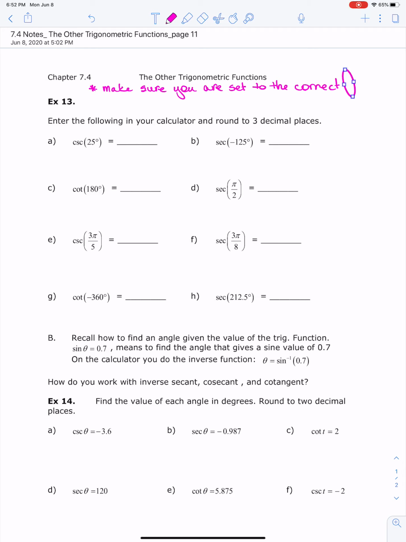Oh, that's interesting. Okay, so we are going to do that by hitting the mode button, which is right next to the second button, down arrow to highlight either degree or radian, depending on what we're talking about.